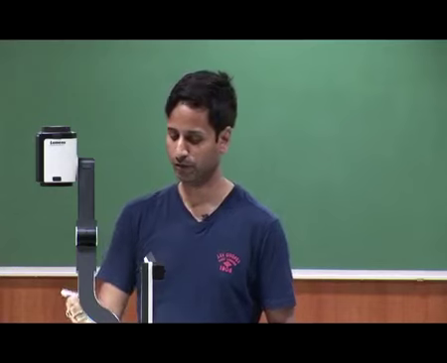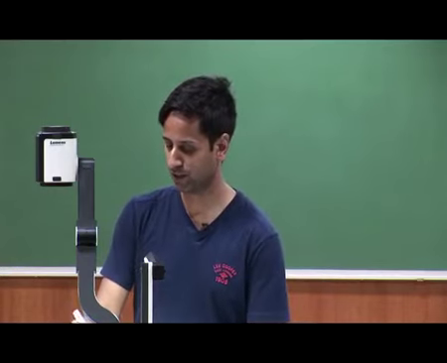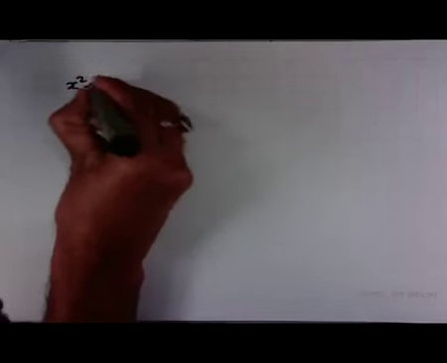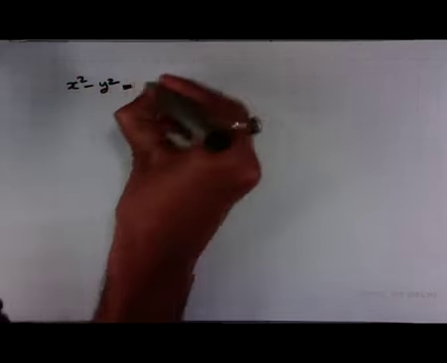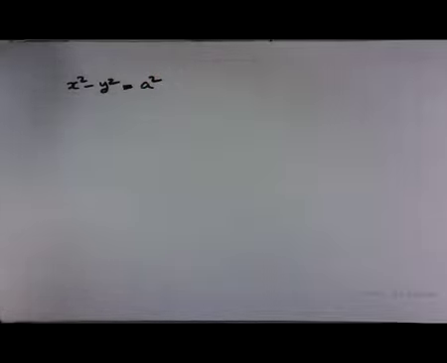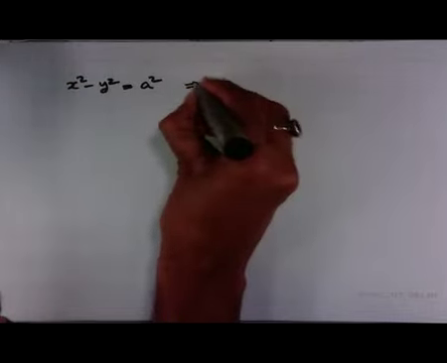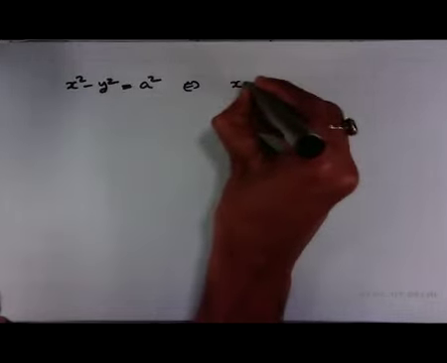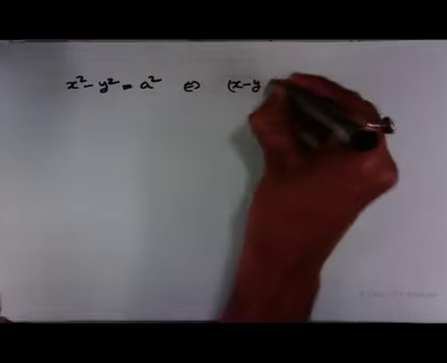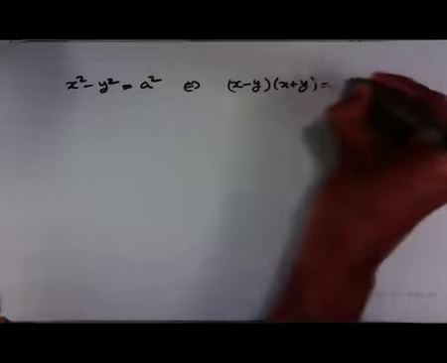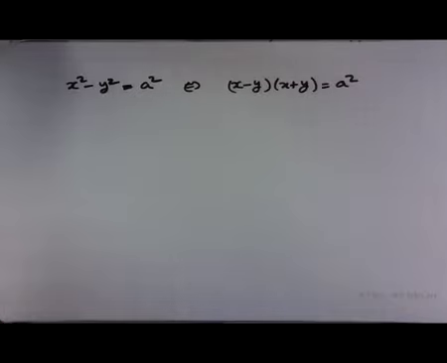Okay, so, we have this rectangular hyperbola x square minus y square equal to a square. This can be written as x minus y times x plus y is equal to a square.